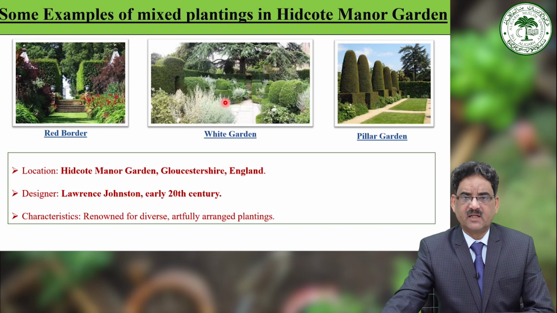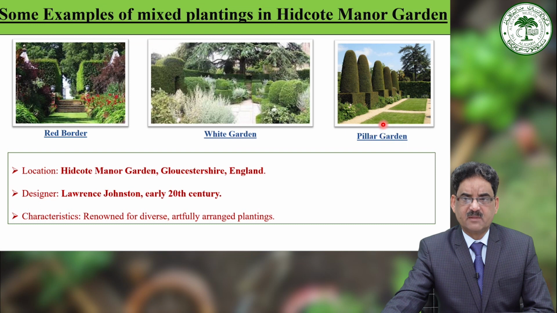The second one is the white garden. It represents an elegant space that showcases a mix of white flowering plants like roses, lilies, and phlox.